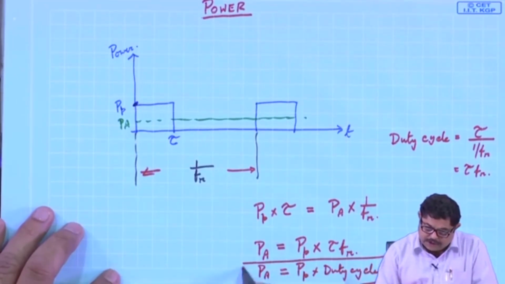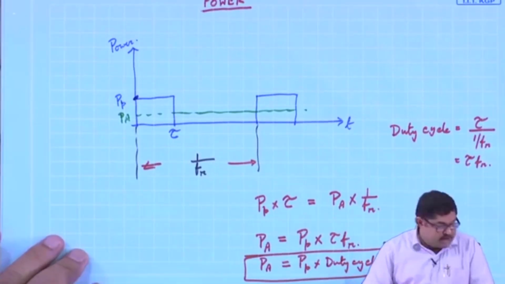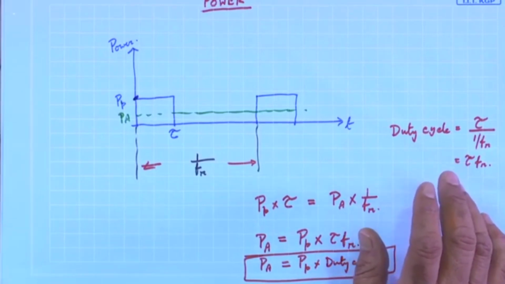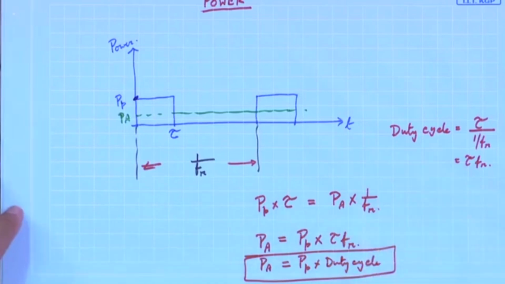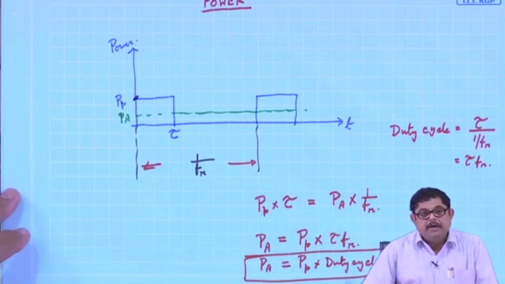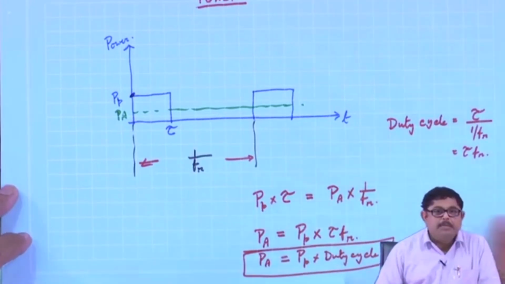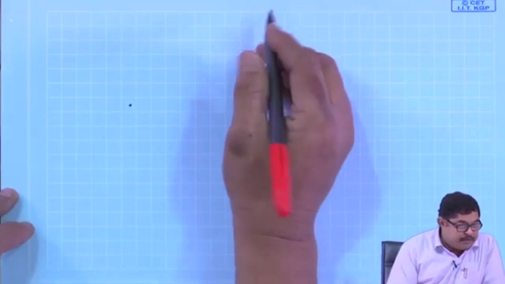So, this is the relation: average power is peak power into duty cycle. Usually the peak power may be in kilowatts or megawatts, and then you can find out the average power. There will be problems based on this in your assignments.